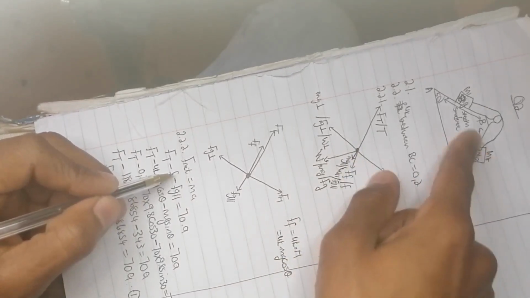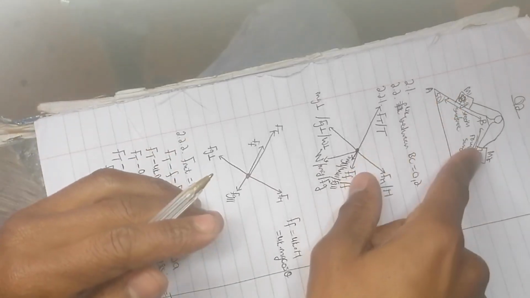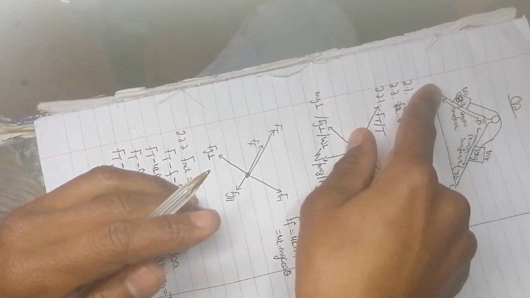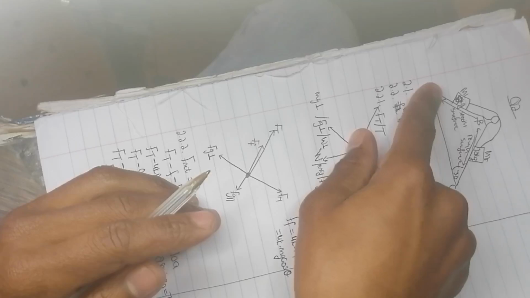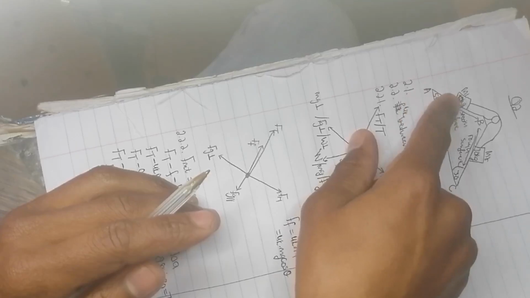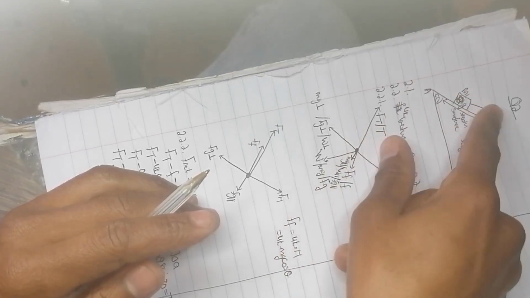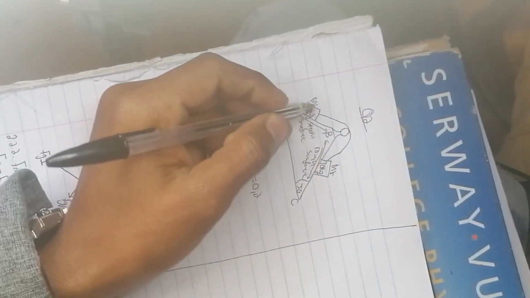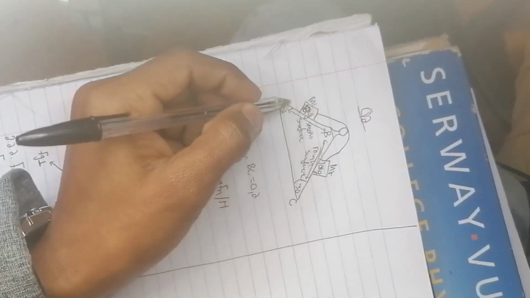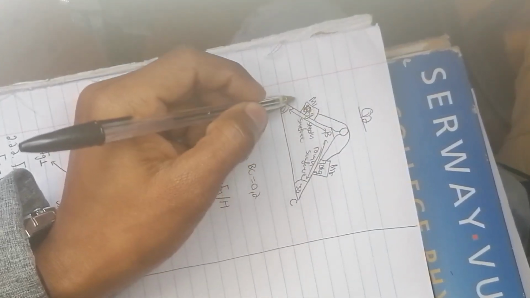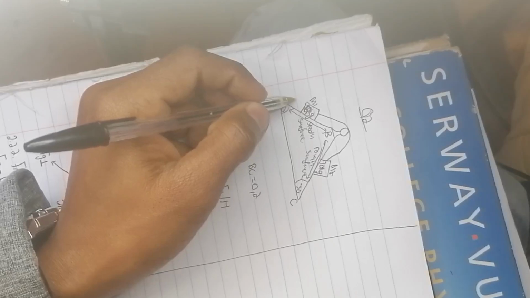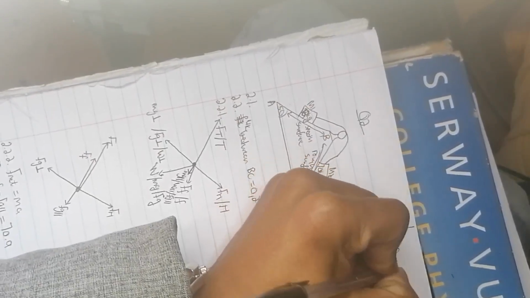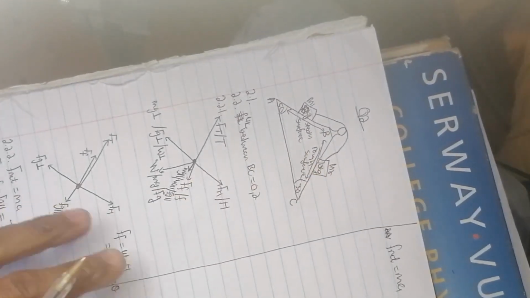So if we assume the same for this, if this is going down, meaning the component of the weight, we will say it's positive, and the tension, we will say it is negative. So if this is going down, let me say F net equals ma.